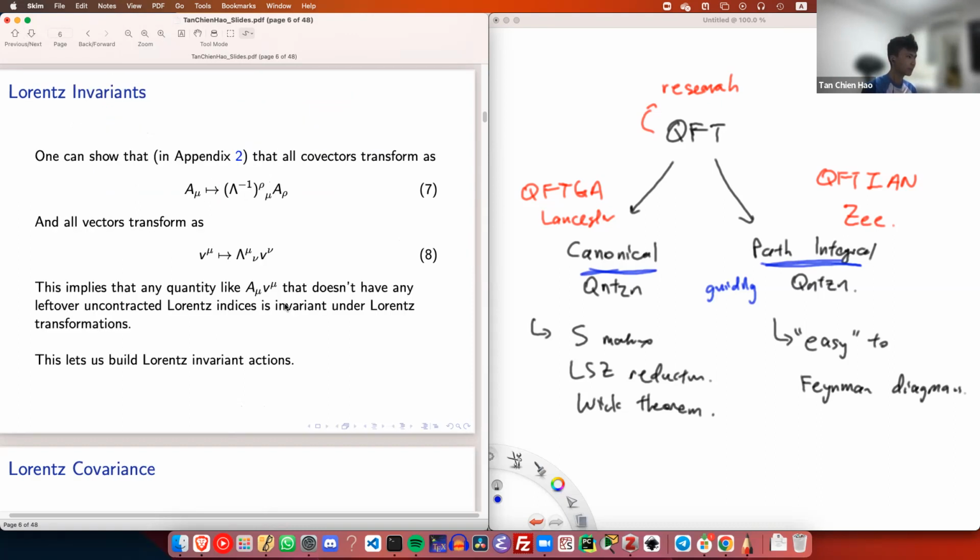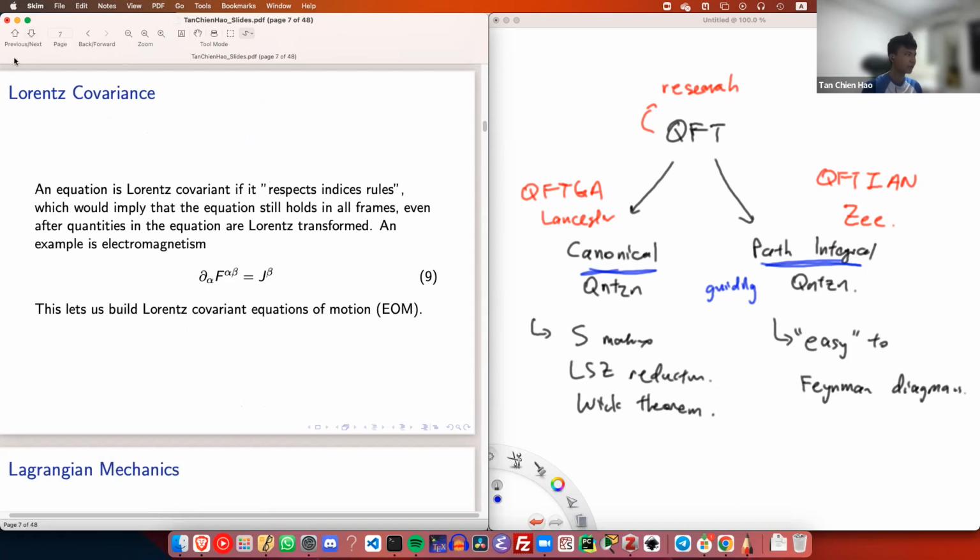I put some details in the appendix, but in essence, what I want you to know from this special relativity prerequisites section is that often we'll say a theory is relativistically invariant, and basically what it amounts to is that indices make sense. So Lorentz covariance is when your indices make sense.